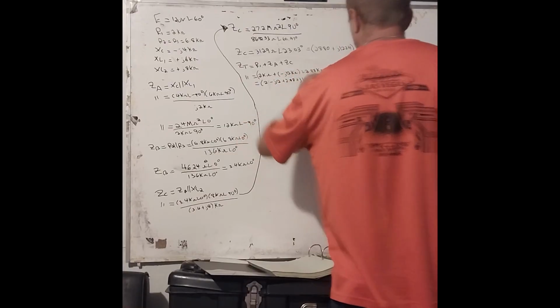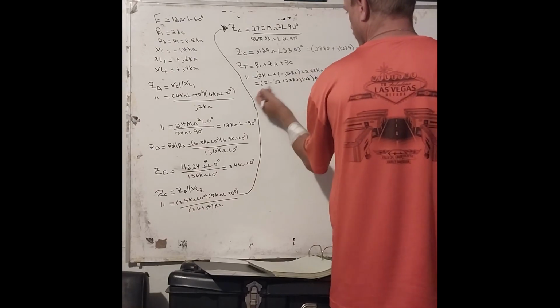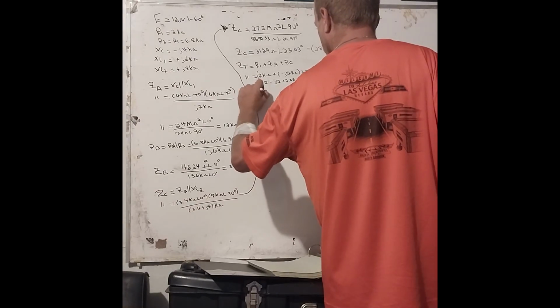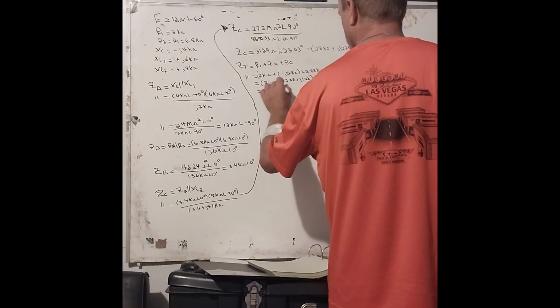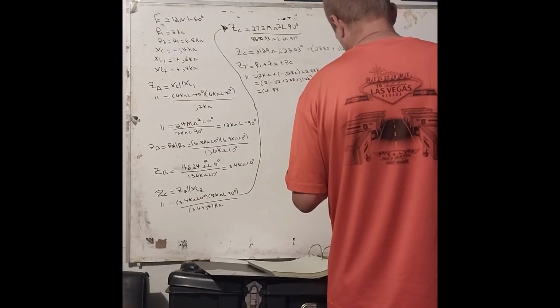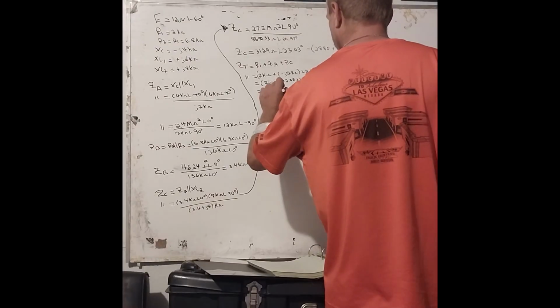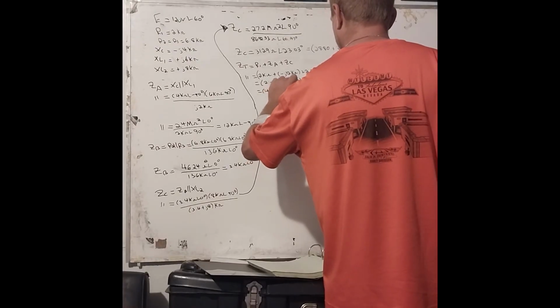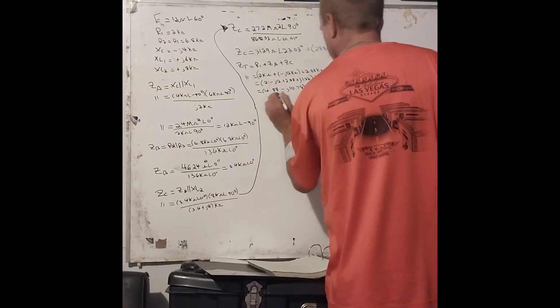And we can put the k ohms out here on the end. This makes it a lot easier to look at when we're adding them together, because we get here 4.88 minus J12 plus J1.22. Well, let's just do that in our calculator. It's 4.88, negative J of 10.78. This is k ohms. Let's find the polar form of this.